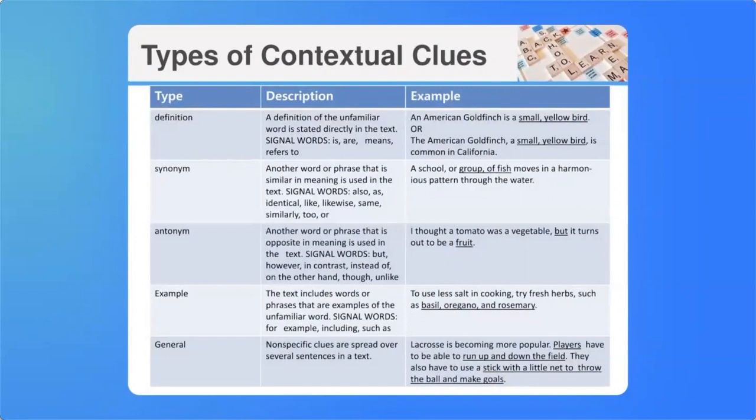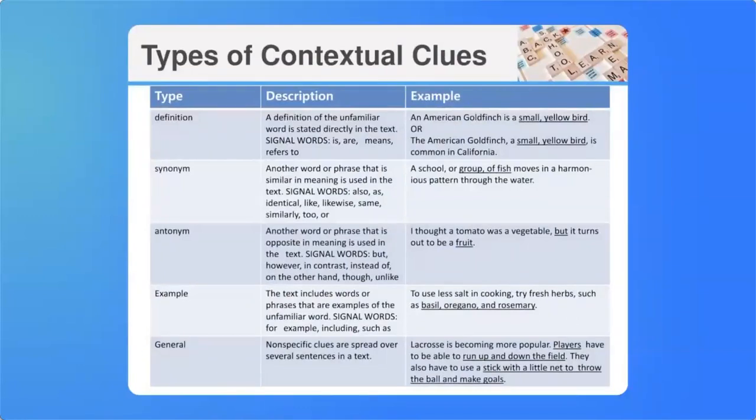If you had read a school of fish moves in a harmonious pattern through the water, you might have gone, fish go to school? No. Our context clue here is or group. It means in this context, when we're talking about fish moving through the water, it means a group. A school can mean a group.